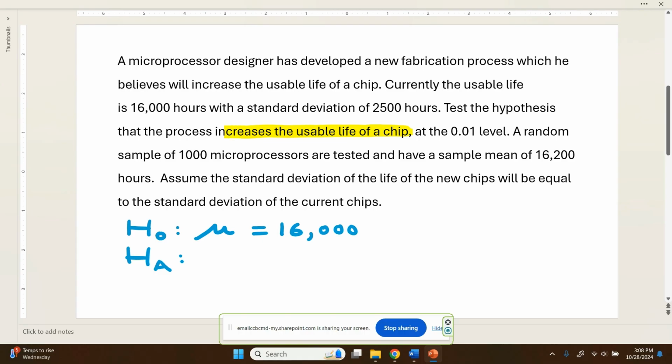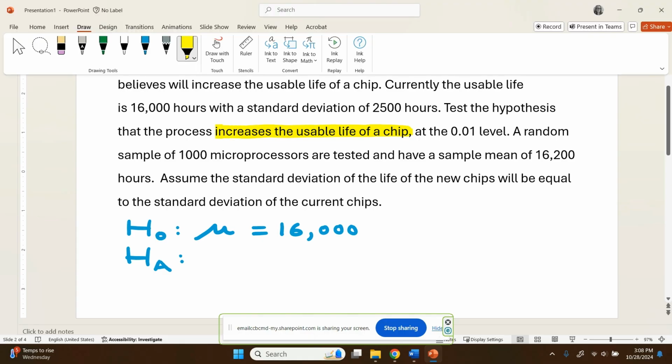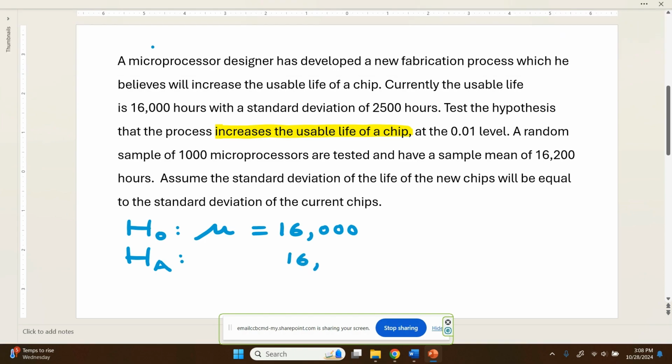Their fabrication process is going to increase that. So that helps me understand that we'll have 16,000 here in the mean, but it lets me know that when it increases the usable life, it'll be greater than. So we have one of the most important steps here, which is writing out the hypothesis statements.